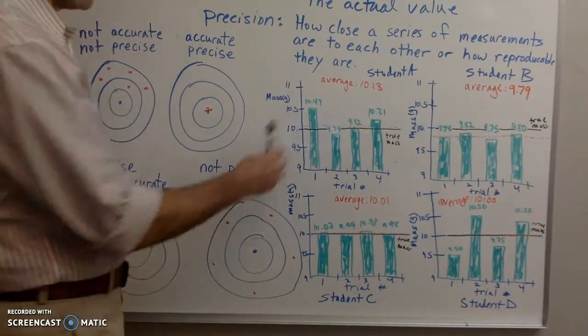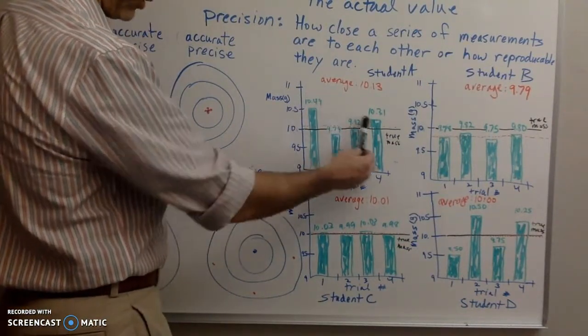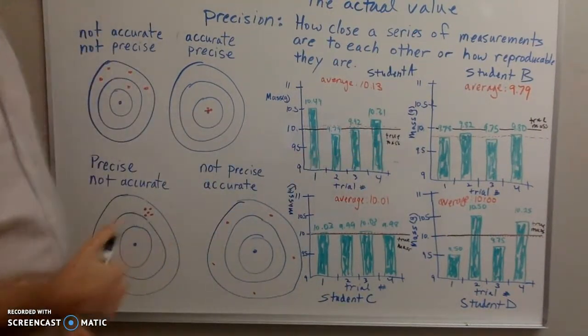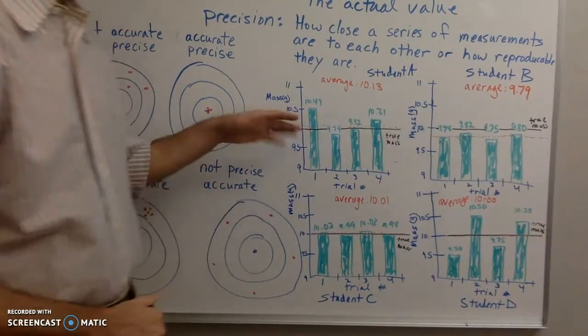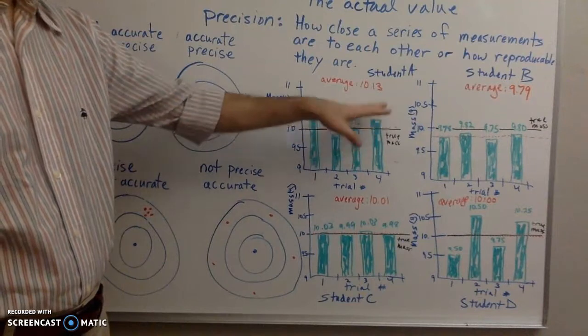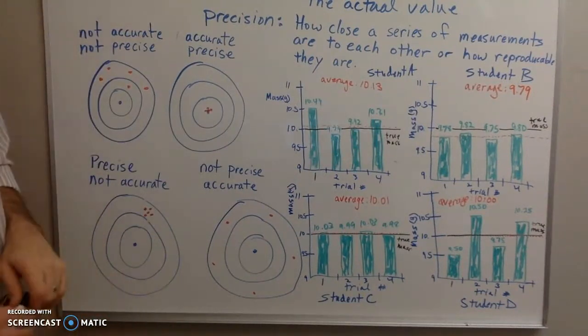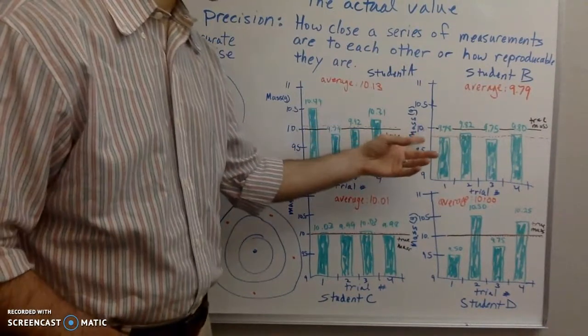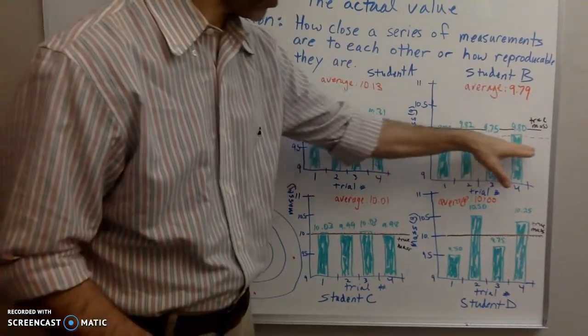But the average, you get rid of the fluctuation, and then this is where the average would lie. So here you might have not quite accurate, definitely not precise.